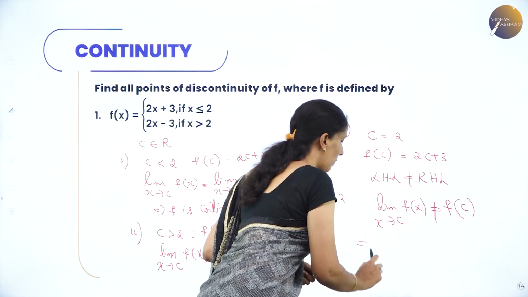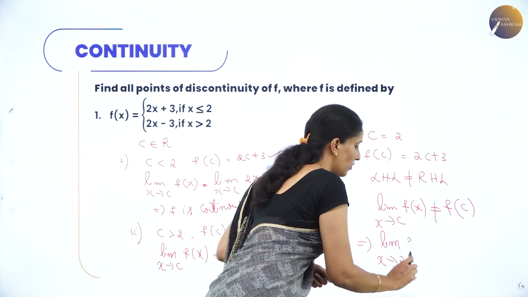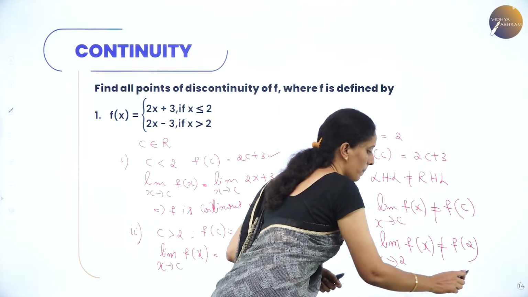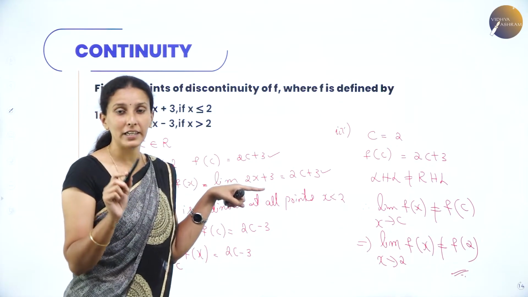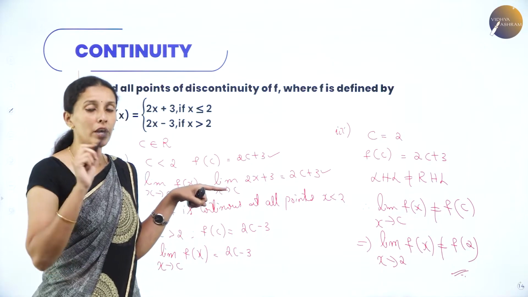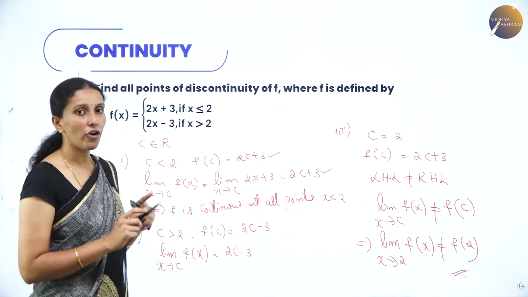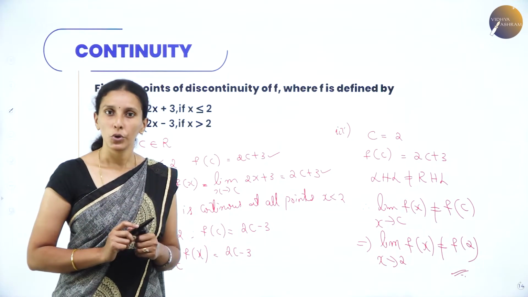That is, when you apply the limit as x tends to 2 for f of x, it is not equal to f of 2. Therefore, the function f is not continuous at the point x is equal to 2. In all the other cases, it is continuous. Therefore, the only point of discontinuity for the given function is x is equal to 2.